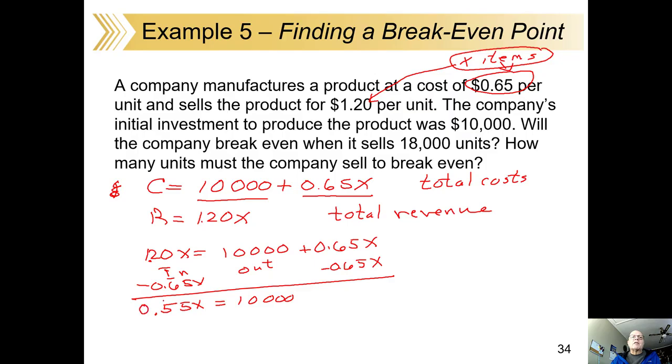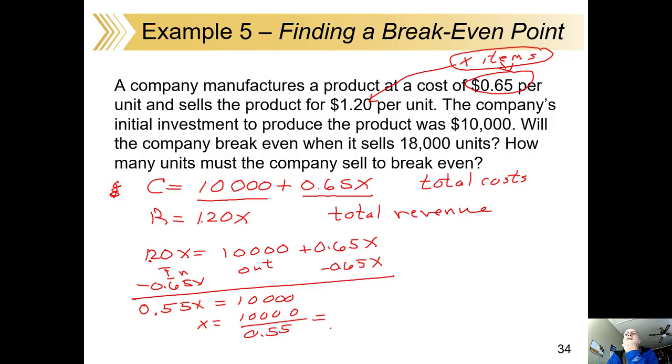Put a 0 out here so we recognize that the decimal point is there. So x equals... and we can find out how many we'd have to do to break even.